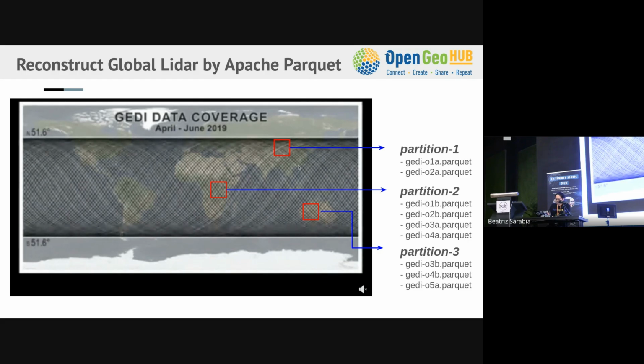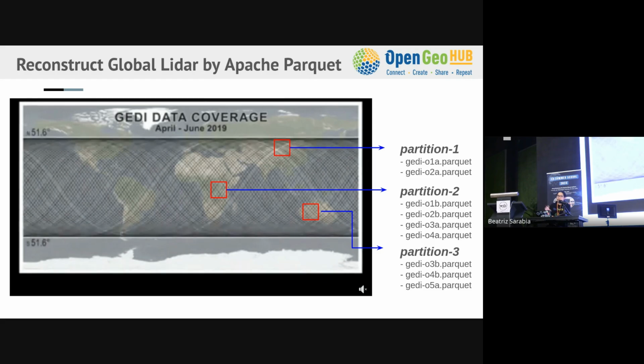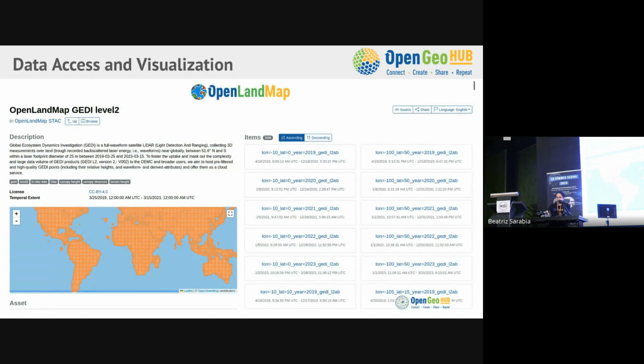This is a visualization of how the orbit works, and how this spatial temporal structure can capture the data inside the instance based on the Parquet functionality. Then we create this stack that will be used for our hands-on tutorial.